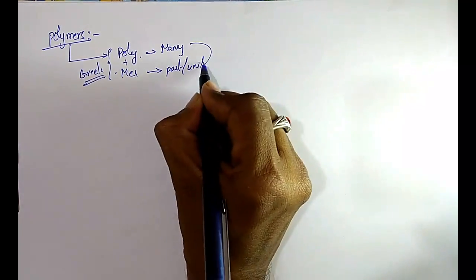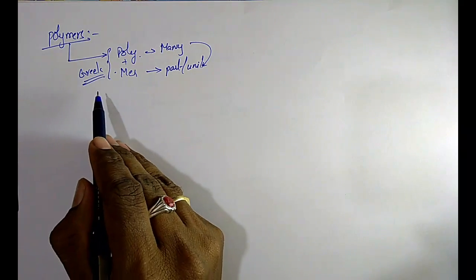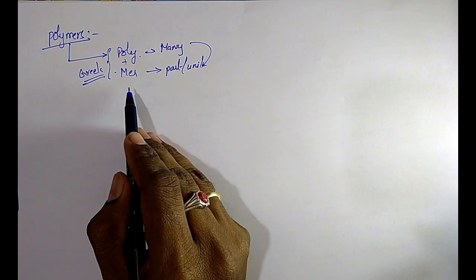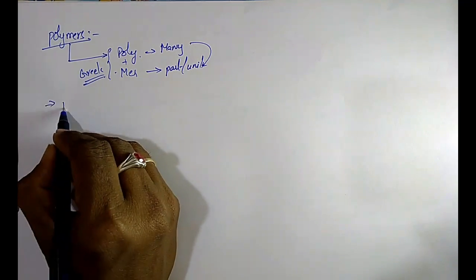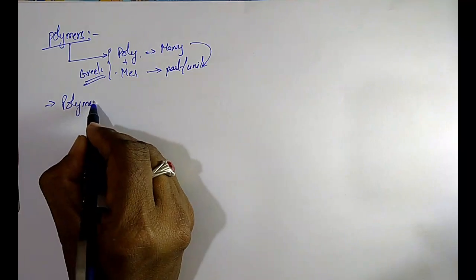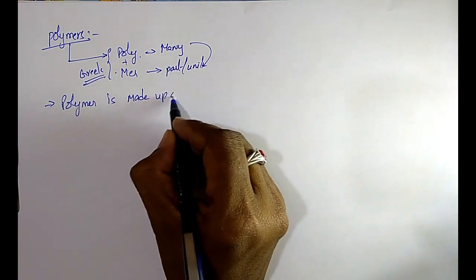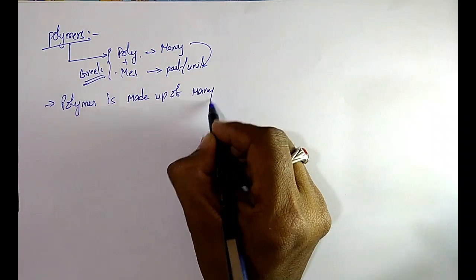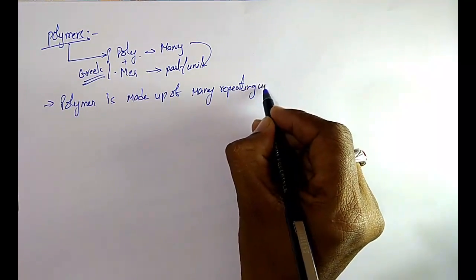That means many units or many parts. As the name itself suggests, the polymer is made up of many units or many repeating units.